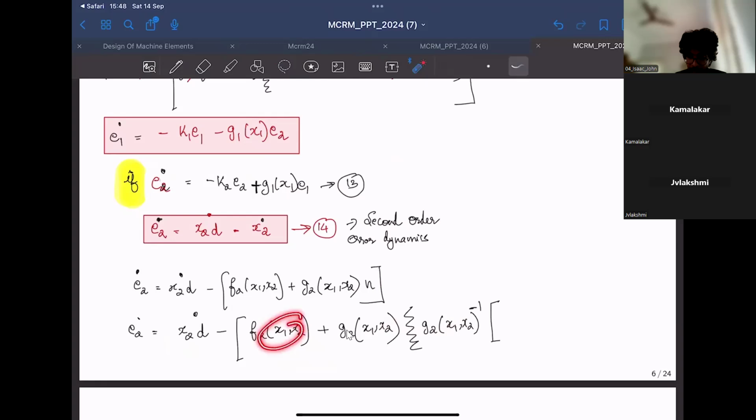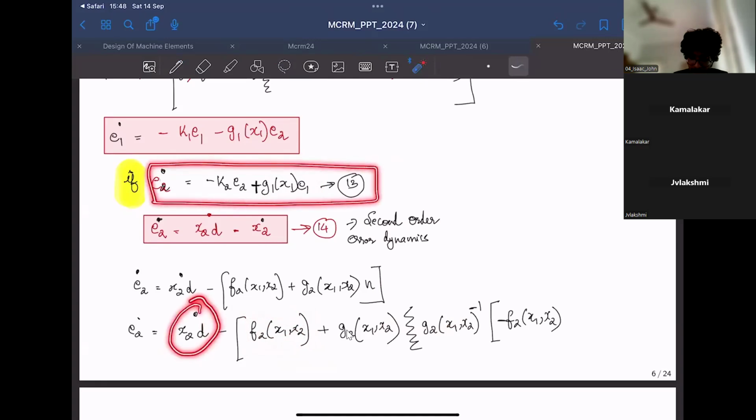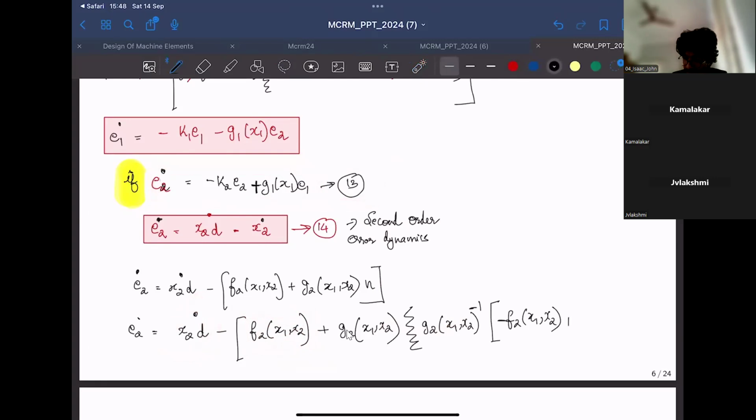I don't want this f2 term here because it does not appear in the target, so I'll write minus f2 of x1 comma x2. Then I also don't want this term, because this x2 desired dot does not appear in this equation, so I'll write a plus x2 desired dot over here.